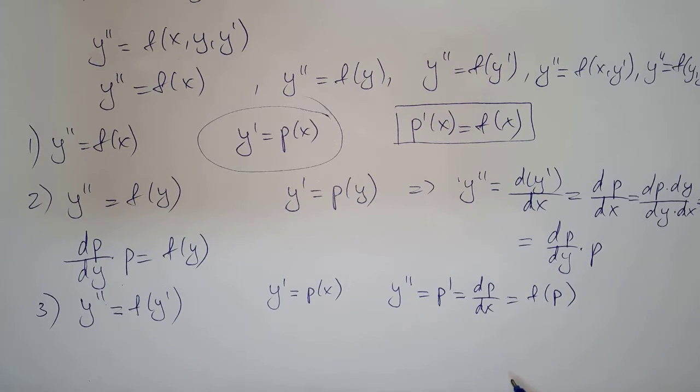This is a first order equation with separable variables p and x. Integrating both sides of our equation, we can find p of x, and then y of x.